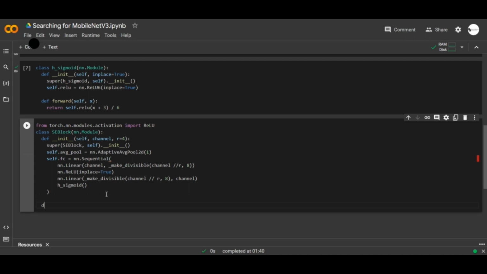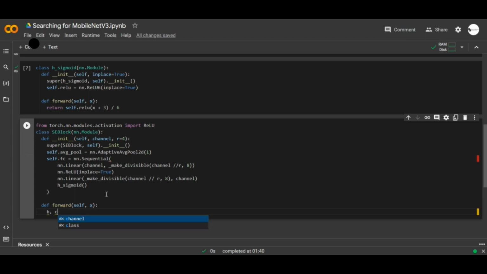Then we have all the components that we need. I'm going to say dot forward, taking the self and input. Then we say B, C, and X dot size, like so.